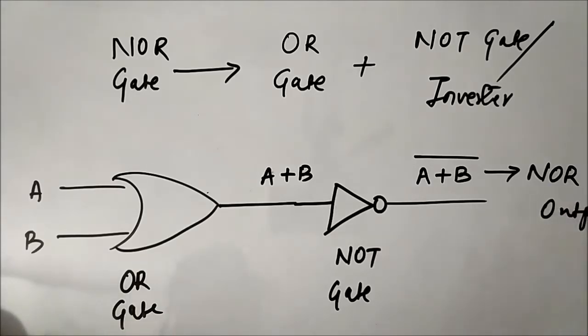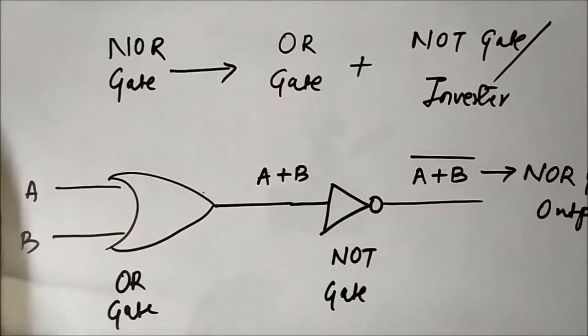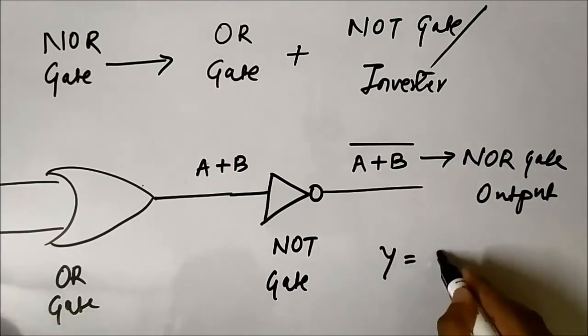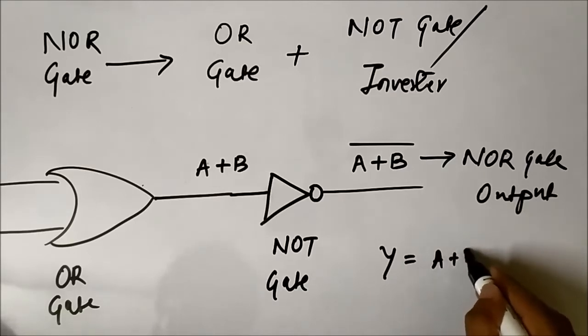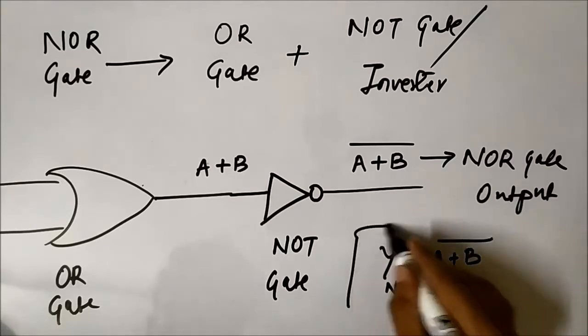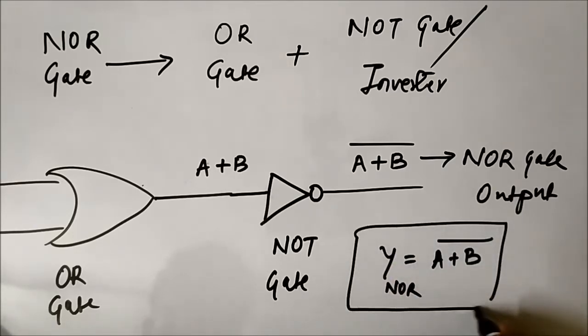The basic format of the output of the NOR gate is Y is equal to (A plus B) bar, which is the complement of the output of the OR gate.